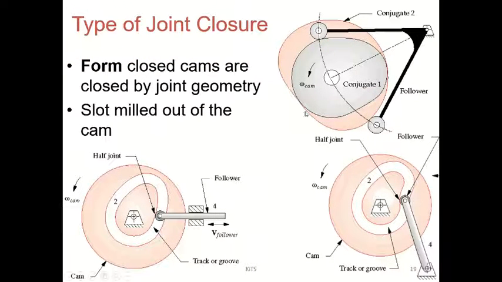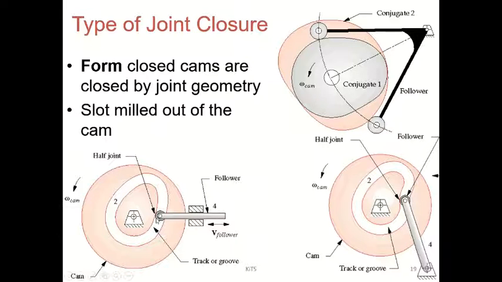See, here the follower is enclosed in a surface, enclosed in the groove. The follower will slide like this: it will go to the left and come back to the right. Not because of spring force, not because of gravitational force.